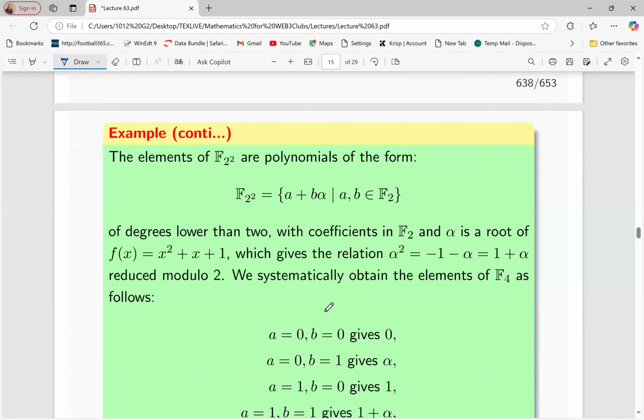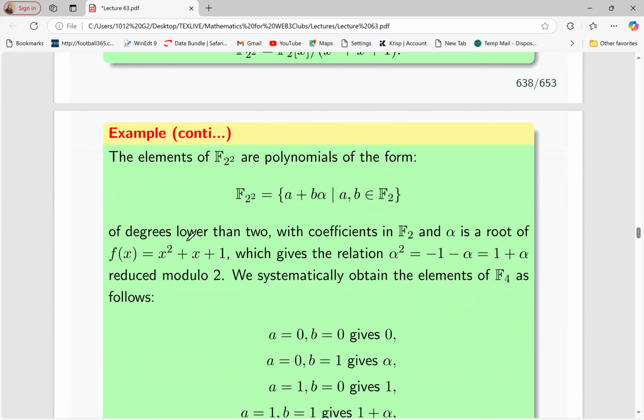So I'll ignore the polynomial, first of all, because we don't require it at this point of creating. So what do we require?